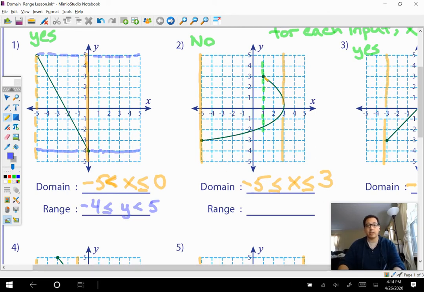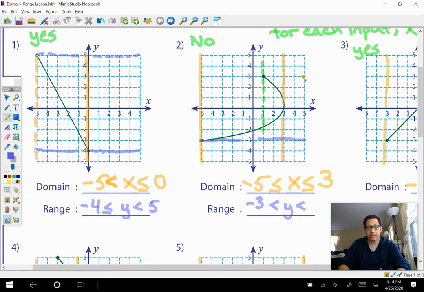Okay, how about this second graph here? What's the lowest it can go? What's the highest it can go for our y values? Well, it looks like the lowest it can go is right here at -3 for y. We're looking at the y values now. y goes between -3 and what's the highest it can go?